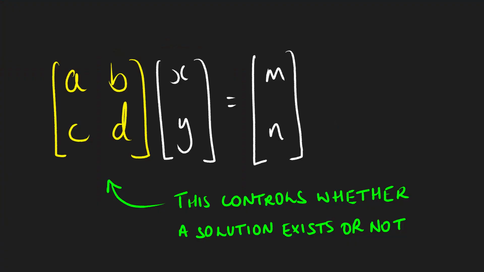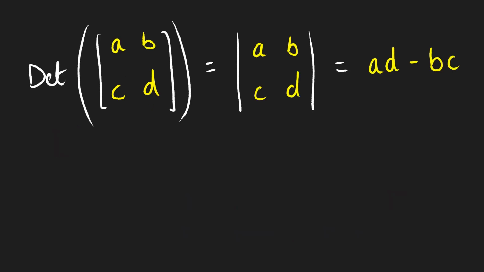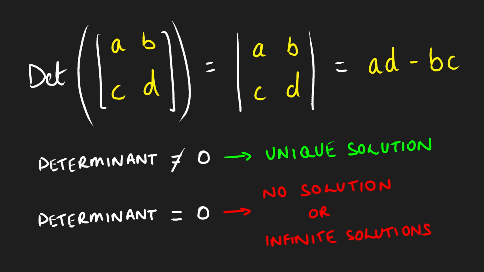But what's important to notice here is that the way in which we've worked out whether there could possibly be a solution or not is all dependent on the elements of the transformation matrix, a times d minus b times c. And so that is the determinant of a 2 by 2 matrix. It is determining whether or not there is going to be solutions to the equation.